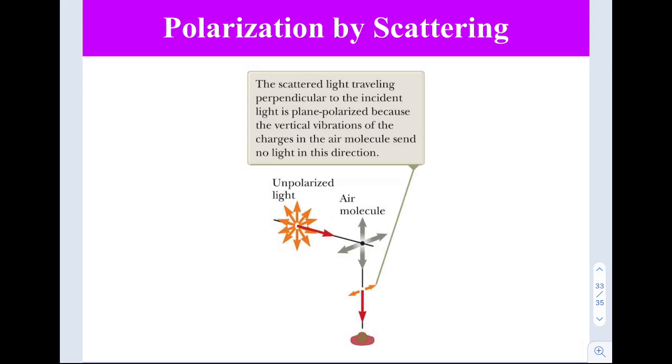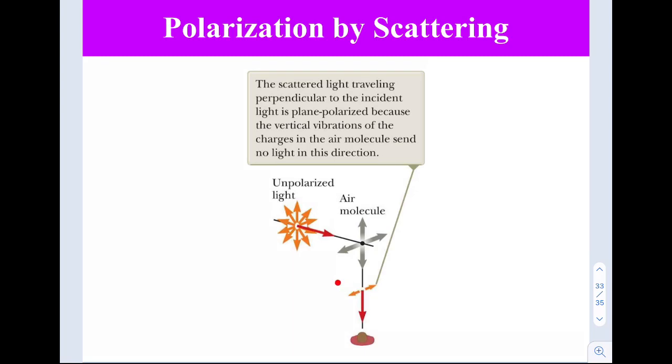Therefore, the observer sees light that is completely polarized in the horizontal direction as indicated by the orange arrow. If the observer looks in other directions, the light is partially polarized in the horizontal direction.